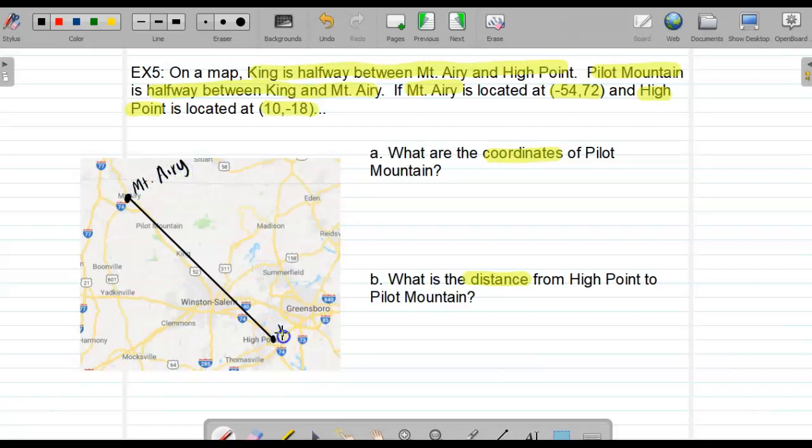We've got High Point here. We've got King. To make this work, I'm going to put King slightly below where King actually is. These were estimates. And then we've got Pilot Mountain.